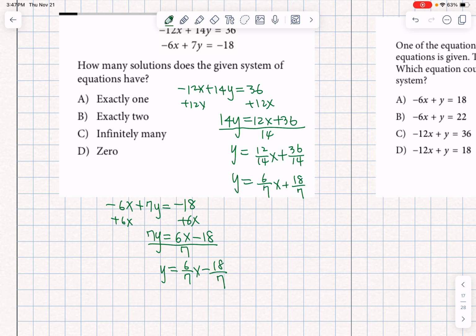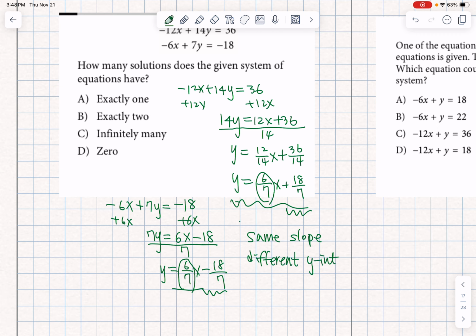When you check both, the first one has 6 over 7 as the slope, and the second one also has 6 over 7 as the slope. The first one has 18 over 7 as the y-intercept, and the second has negative 18 over 7. So that means the same slope with a different y-intercept.